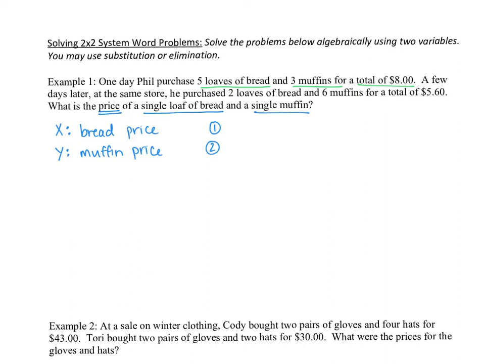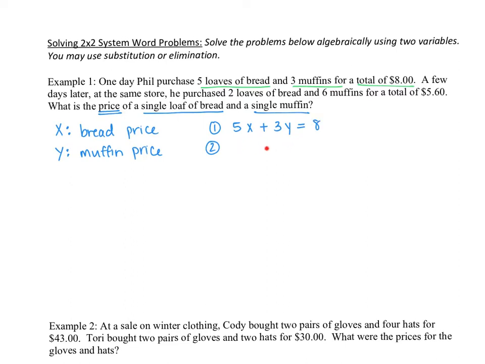So in my mind, I'm thinking, okay, if you're going through a cash register, you're checking out, it's going to be 5 times the price of bread, so 5 times x, added with 3 muffins, so 3 times the price of muffins, so 3 times y. And if I add the total cost of bread and the total cost of muffins, then I get $8. So that's equivalent to just writing 8.